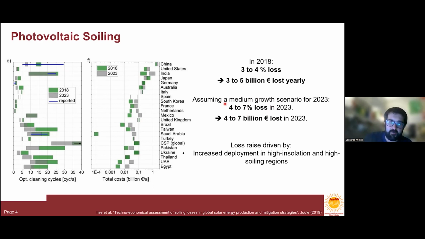And because of this increase, the economic impact of soiling was expected to increase. We're going to touch on this topic later on. We didn't take into account how energy prices have been increasing over the last few years, at least in Europe. With higher electricity prices, every kilowatt hour of electricity you do not produce because of the soiling loss is going to cost you more. So probably we underestimated the real losses because we didn't predict such high electricity prices.